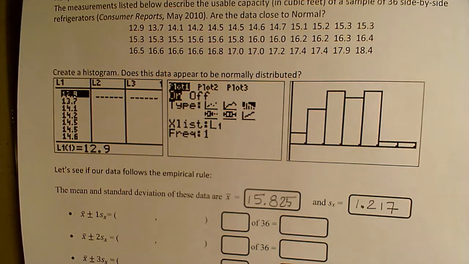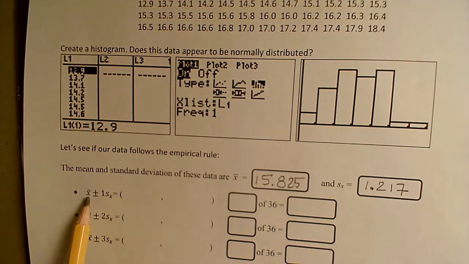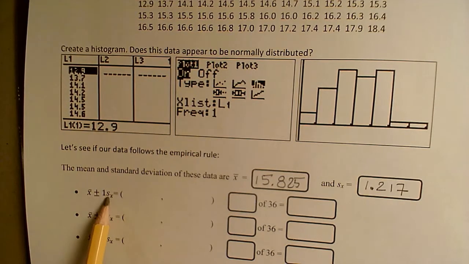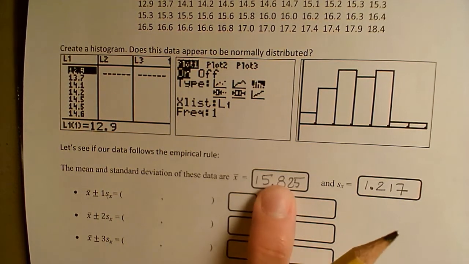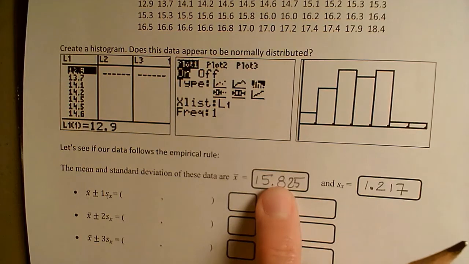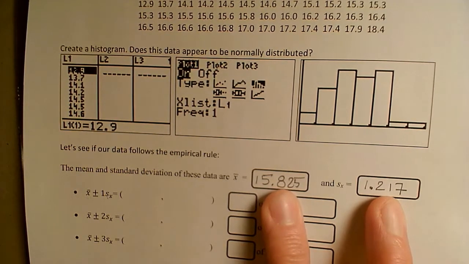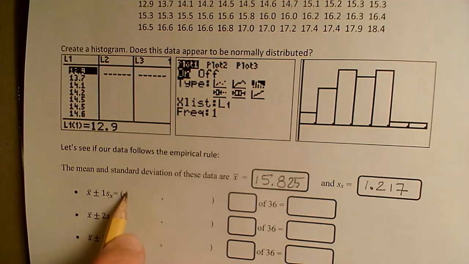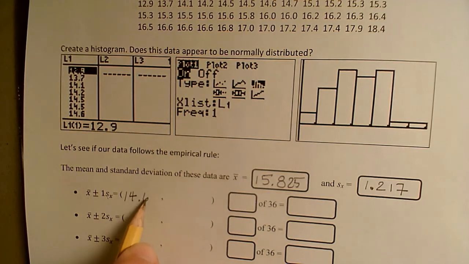Remember, the empirical rule is about 68, 95, and then 99.7. So let's do the mean plus or minus one standard deviation. We subtract this and add this to the mean, and we get the following values. We would get something like 14.608.